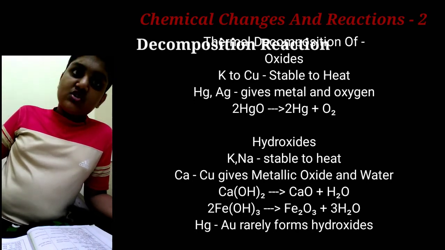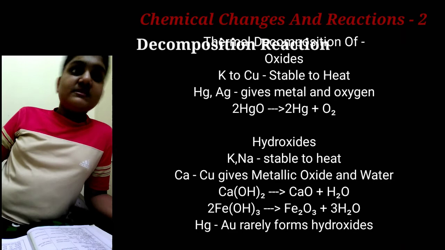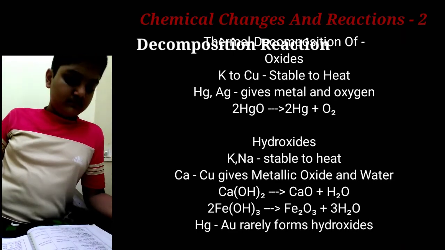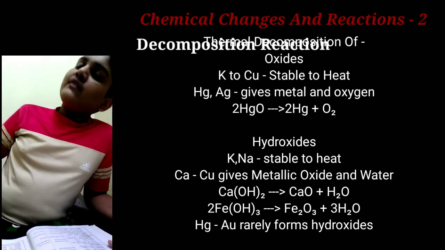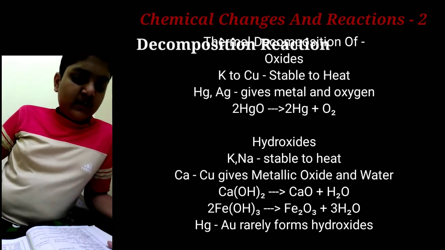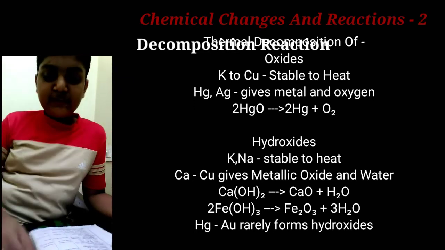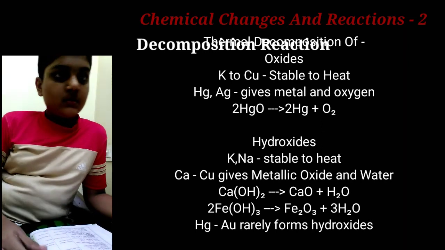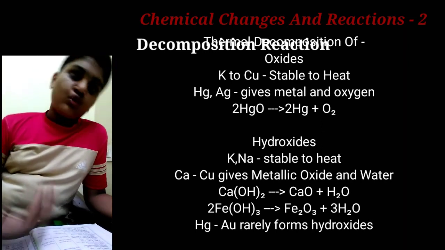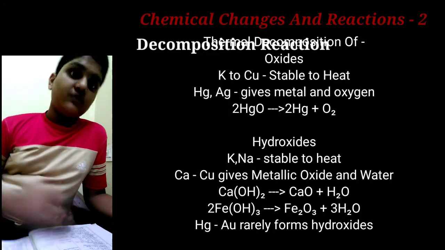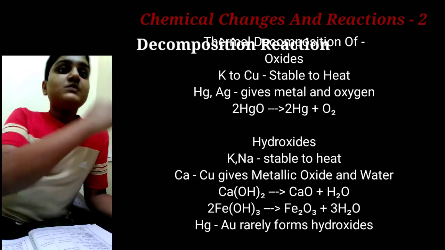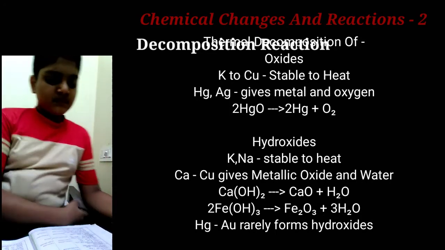That is calcium hydroxide, Ca(OH)2, giving CaO plus H2O. 2Fe(OH)3 gives Fe2O3 plus 3H2O. Like that, if you try aluminium, zinc, lead, copper, you will get the metallic oxide plus water. Clear?